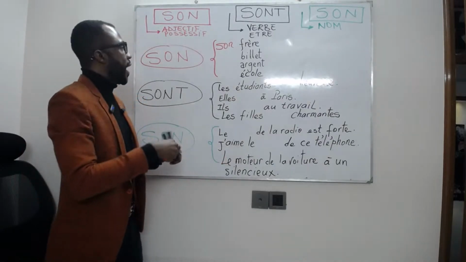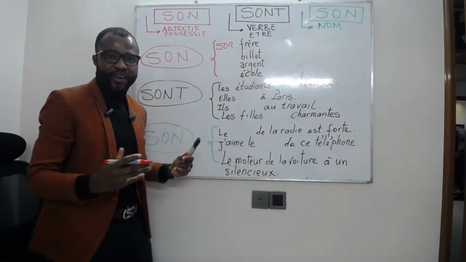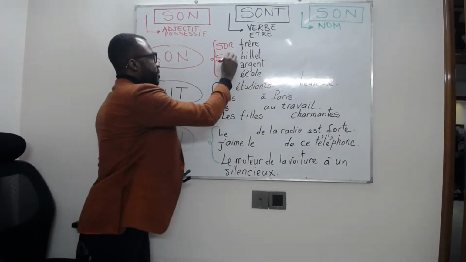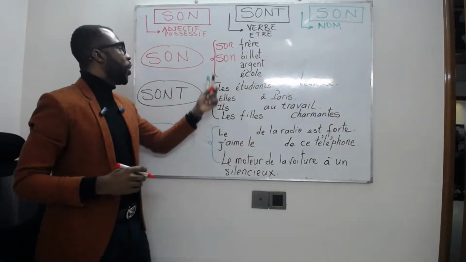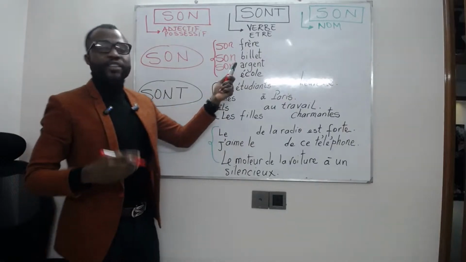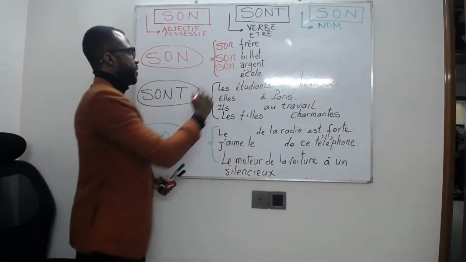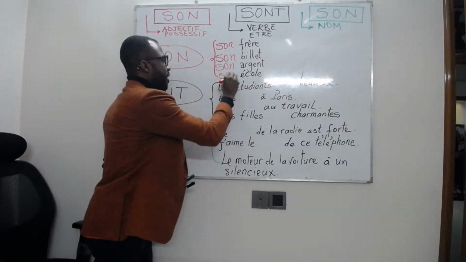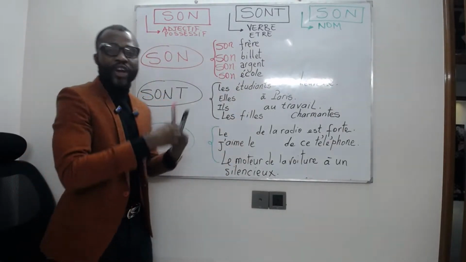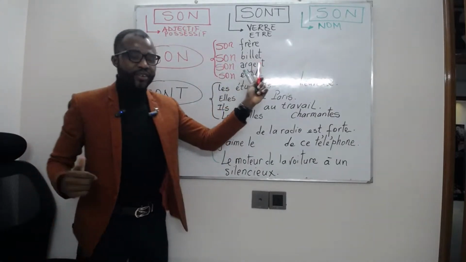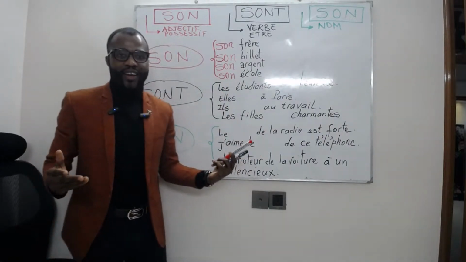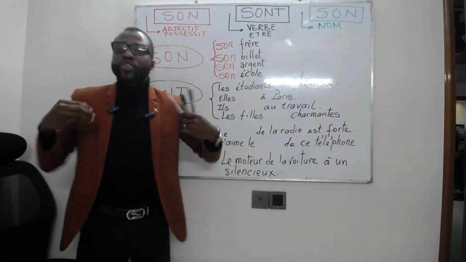So here, as a possessive adjective, we say son frère, his brother or her brother. Son billet, which means his ticket or her ticket. Son argent, which means his money or her money. Son école, his school or her school.